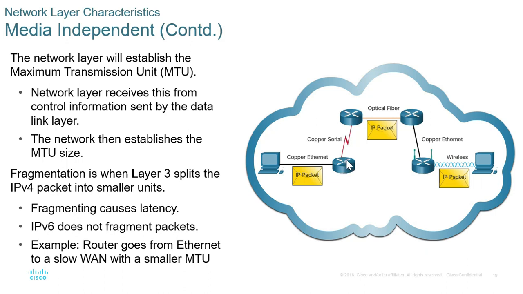Jadi network layer ni tugas dia adalah untuk pecahkan paket ni kepada fragmentation supaya muat kepada MTU size di serial ni. Okay. So katalah sampai dekat router ni, sebelah sini adalah fiber which MTU size dia lebih besar. Tugas router ni juga untuk assemble semula fragment-fragment tadi menjadi paket yang muat MTU size optical fiber. Dan begitulah seterusnya mengikut whatever the MTU size of the data link layer. So untuk IPv6 kita tak ada fragmentation lah.